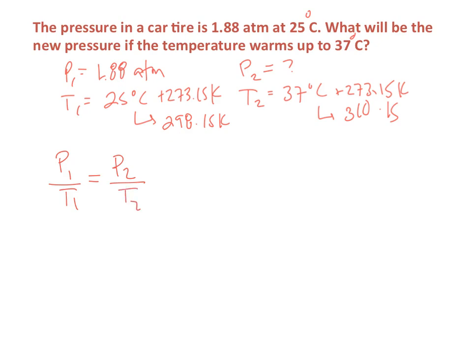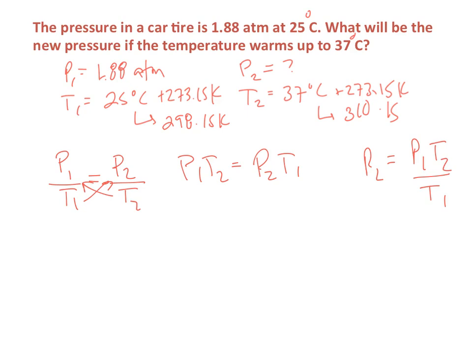In this situation, we're solving for P2, so we cross multiply those variables. P1 T2 is equal to P2 T1. Get P2 all by itself. P2 is equal to P1 T2 divided by T1.